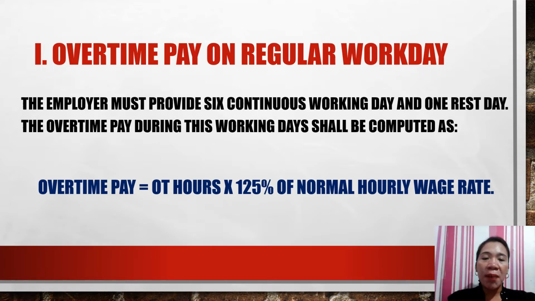The overtime pay during these working days shall be computed as overtime pay equals overtime hours times 125% of the normal hourly wage rate. So this is how overtime pay is computed on a normal or regular work day.